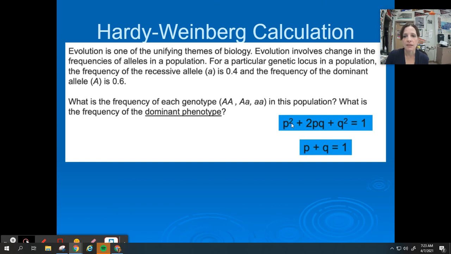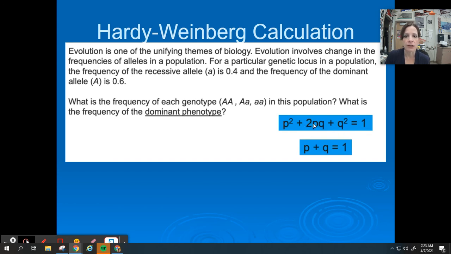So we know that p squared is equal to big A. So we're going to take the p, which is 0.6, and we're going to square that. And then to find 2pq, which is your heterozygous frequency, we're going to take 2 times p, which is 0.6, times q, which is 0.4, and that's going to give us our heterozygous frequency.